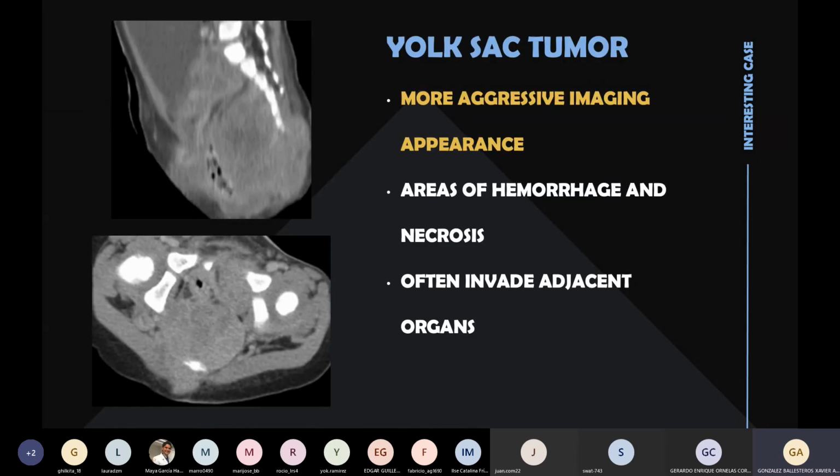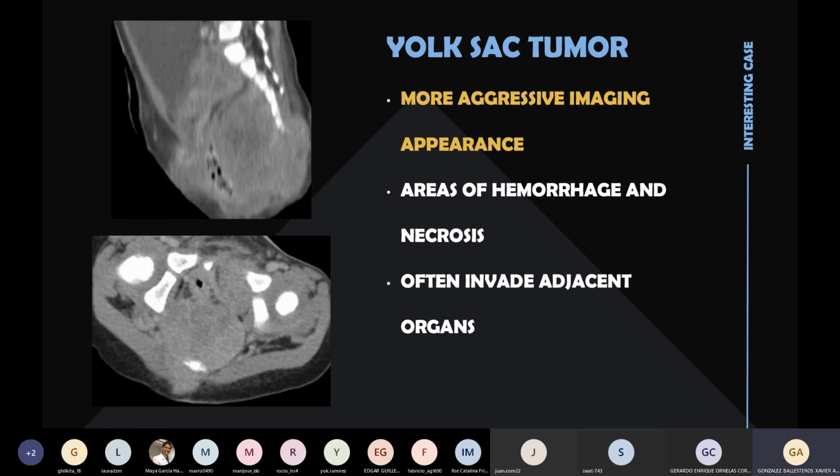And then yolk sac tumor is another possibility. They are more aggressive at imaging than teratomas and are characterized by more heterogeneous soft tissues and areas of hemorrhage and necrosis. At CT, areas of low attenuation with no enhancement are seen, and at T1 weighted MRI, areas of hyperintensity are seen.